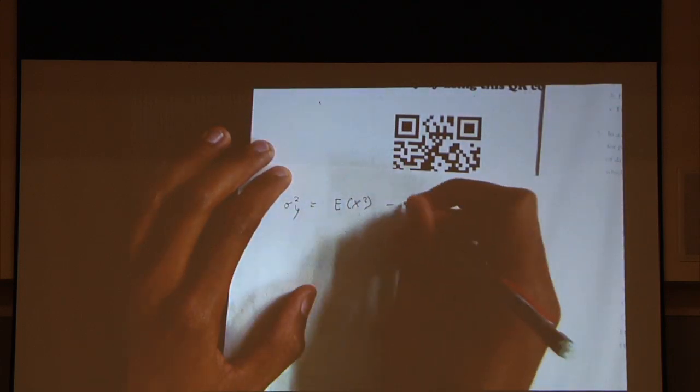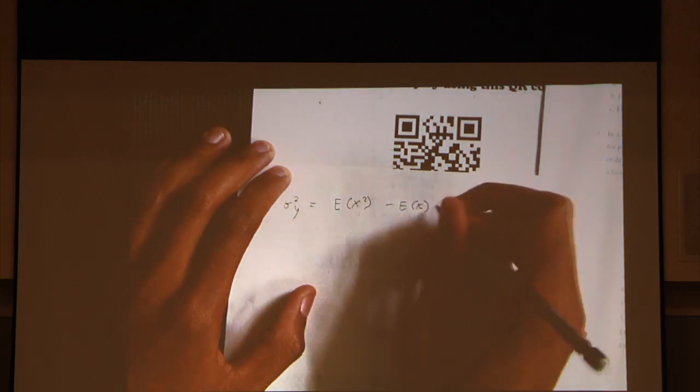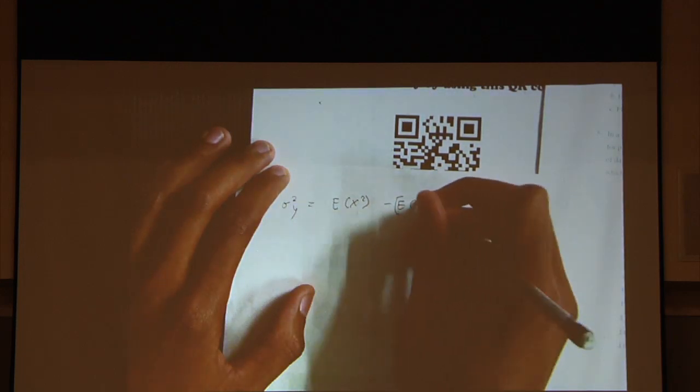And now if you do the same variance and standard deviation, we can use the shortcut method again: E of x squared minus E of x, or E of y, sorry.